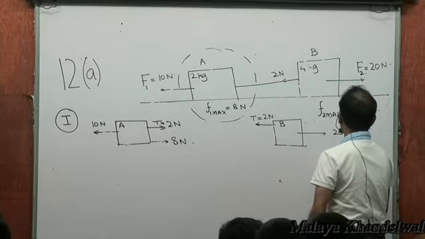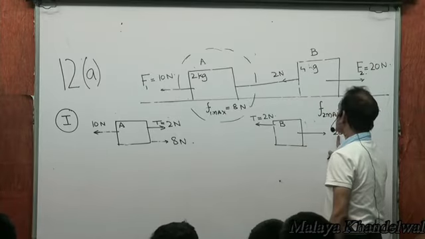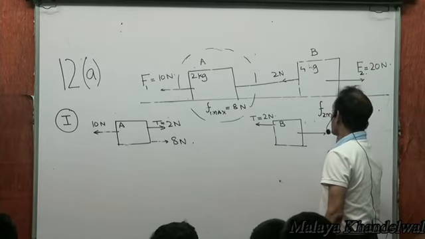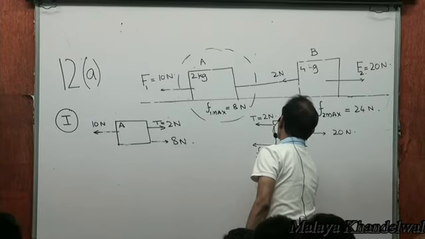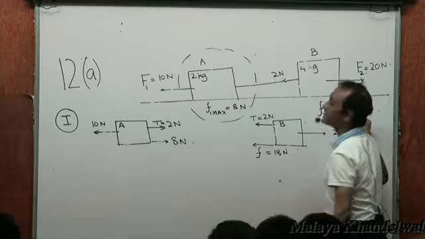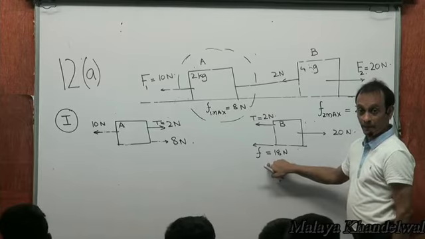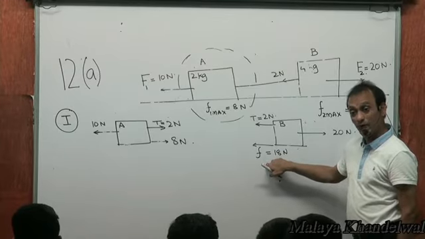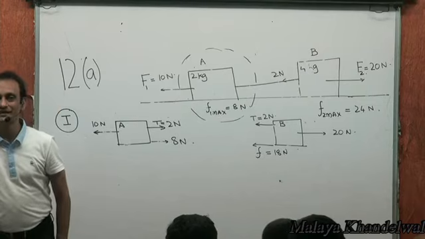That means this is 2 newtons, this is 20 newtons, so the frictional force must be 18 newtons, which is possible because this 18 is less than 24, so this value of frictional force is possible. This is one possibility, isn't it? But this is not the only possibility.